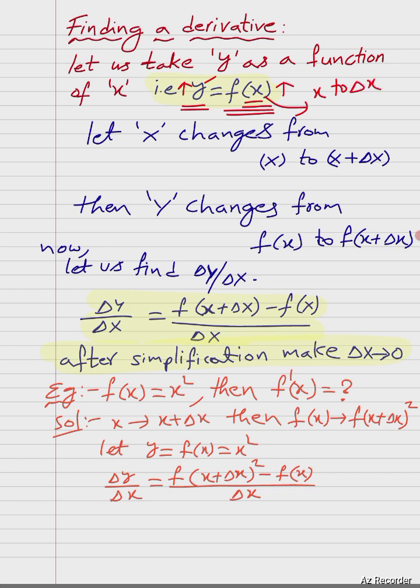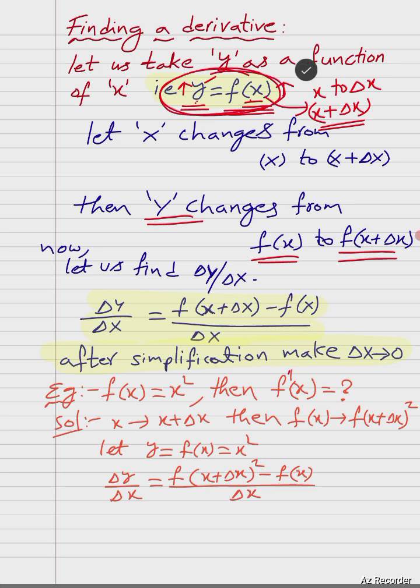Then what is the final value? Initial value plus change. Now, if x changes to x plus delta x, then what about y? Initially y is f of x, now y becomes f of x plus delta x.